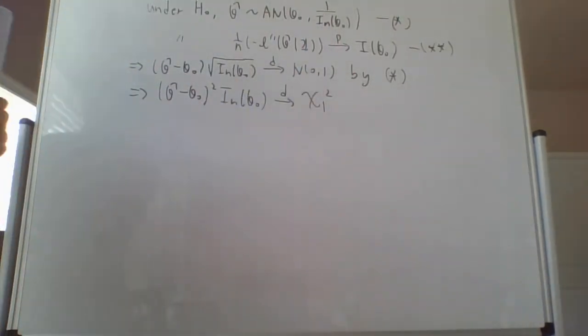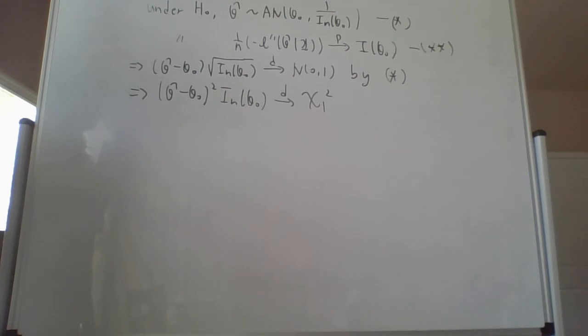Then by the continuous mapping theorem, if you square the left-hand side, that converges in distribution to the chi-square distribution with 1 degree of freedom, which is the square of the standard normal distribution.